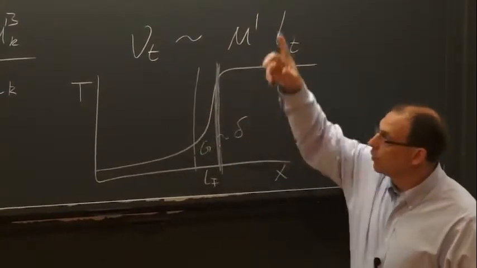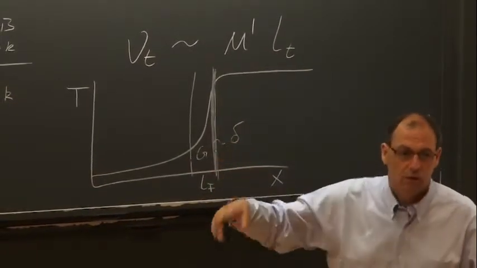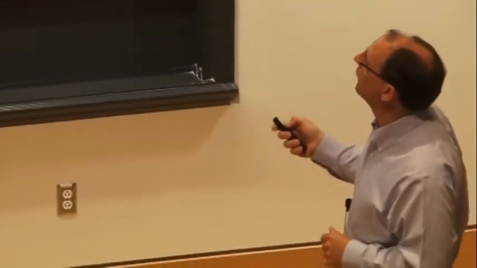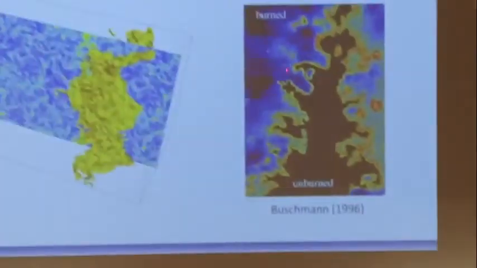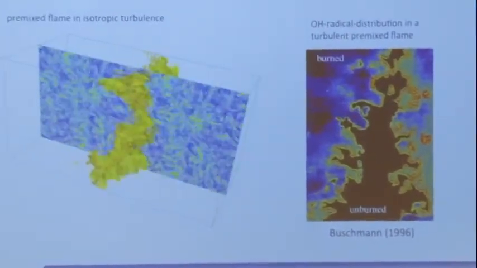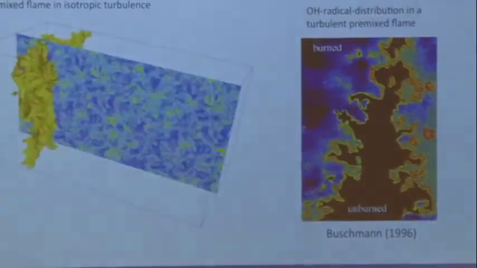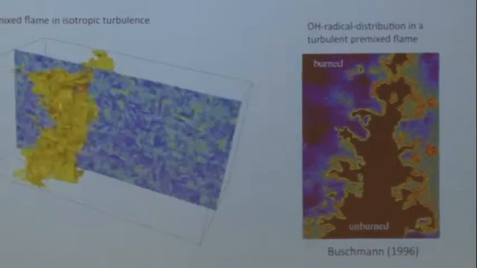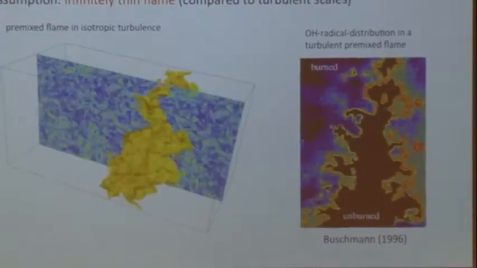But what the turbulence does, and that's what you see here, is increase the flame surface area, okay, like here, and it will move unburned stuff from here to there and burn stuff from here to there and so on. That's what it does, but it does not change the inner structure of the flame. Okay, that's the corrugated flamelet regime.